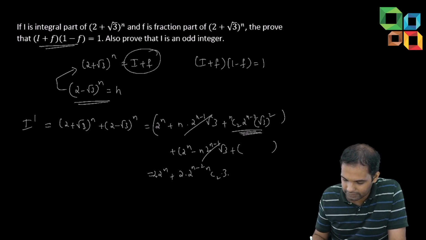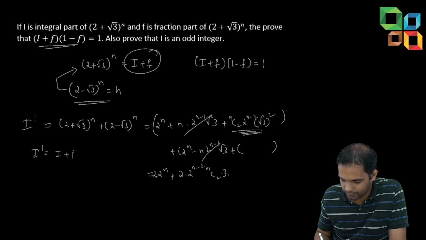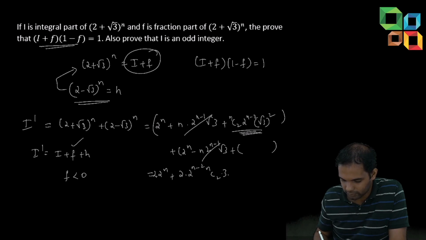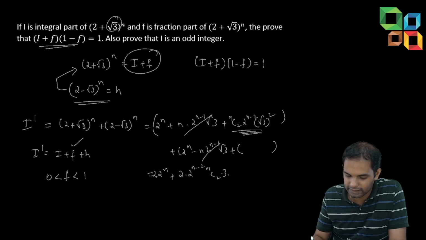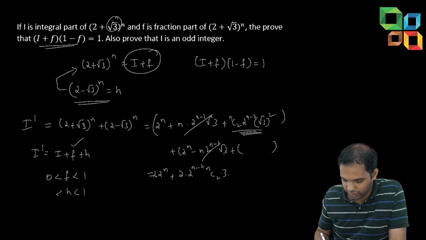We just added I plus I dash, which is nothing but I plus f and h. f is a number which is between 0 and 1. I can certainly say it's not equal to 0, because we know that there's an irrational part here. Again, h, I can certainly say it's not equal to 0.